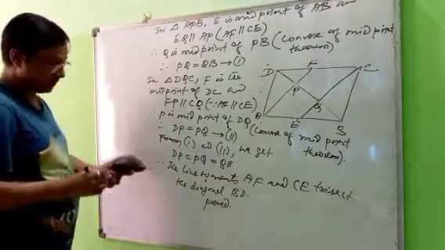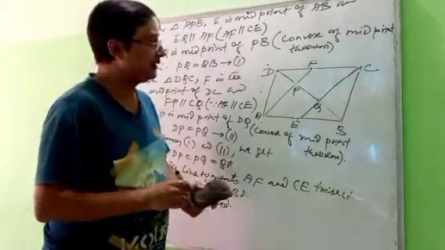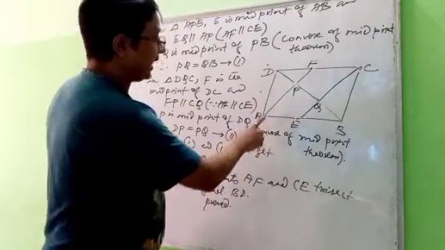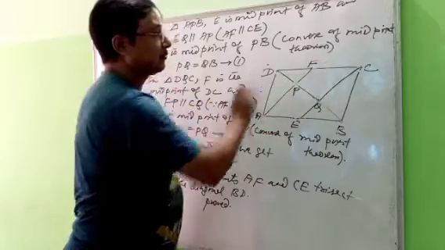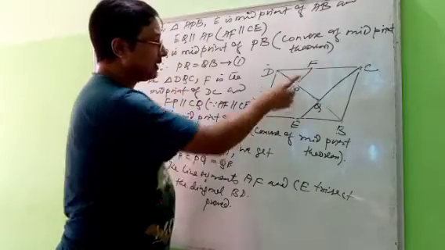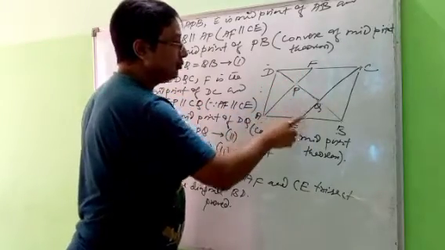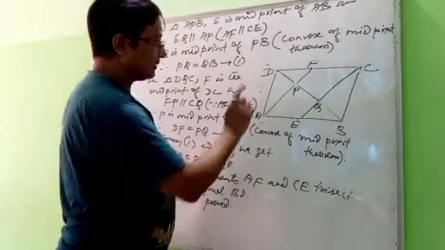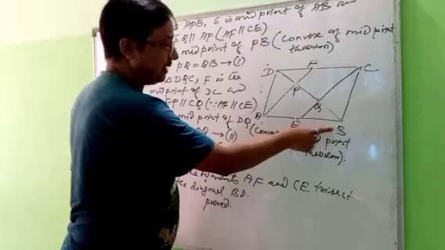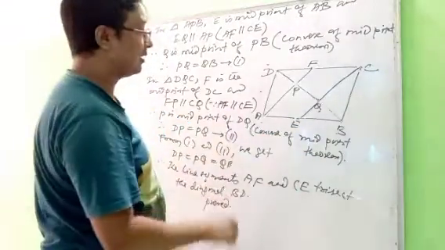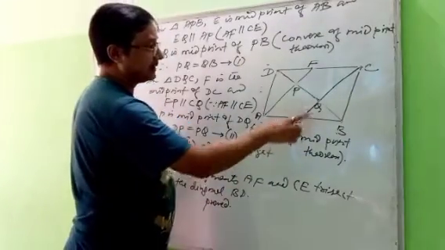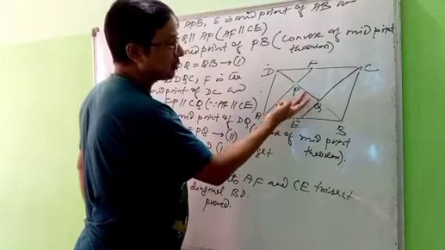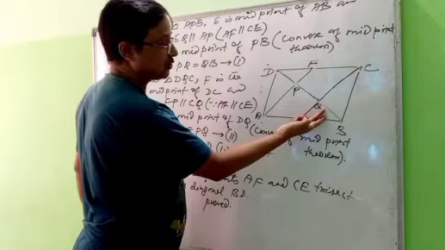So here the most important point is that first you make the quadrilateral AECF a parallelogram, whereby you get AF parallel to EC. So you get these two lines parallel. Then by taking the triangle APB and using the converse of the midpoint theorem, you get that Q is the midpoint of PB, where PQ equals QB. That is the first equation.